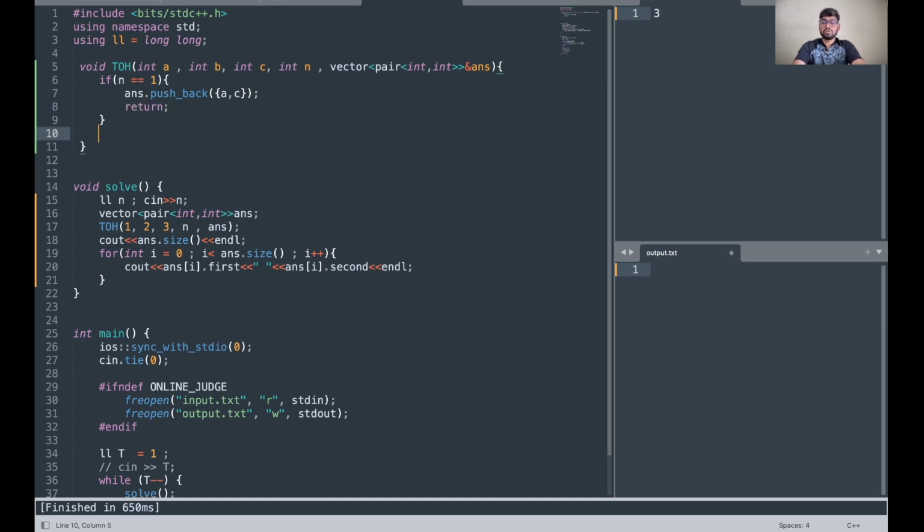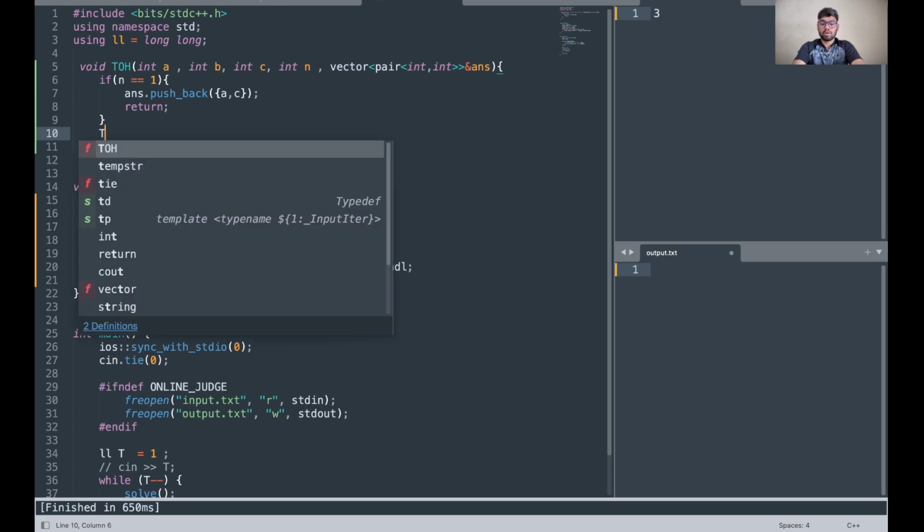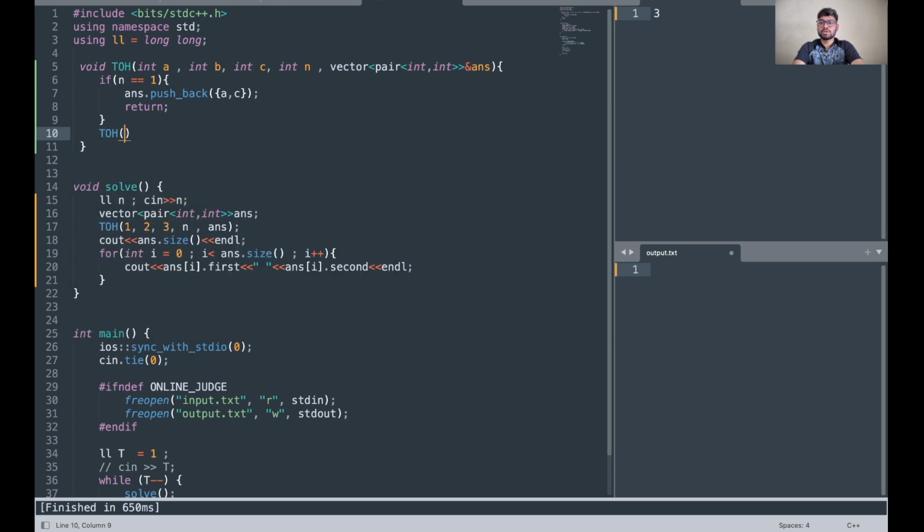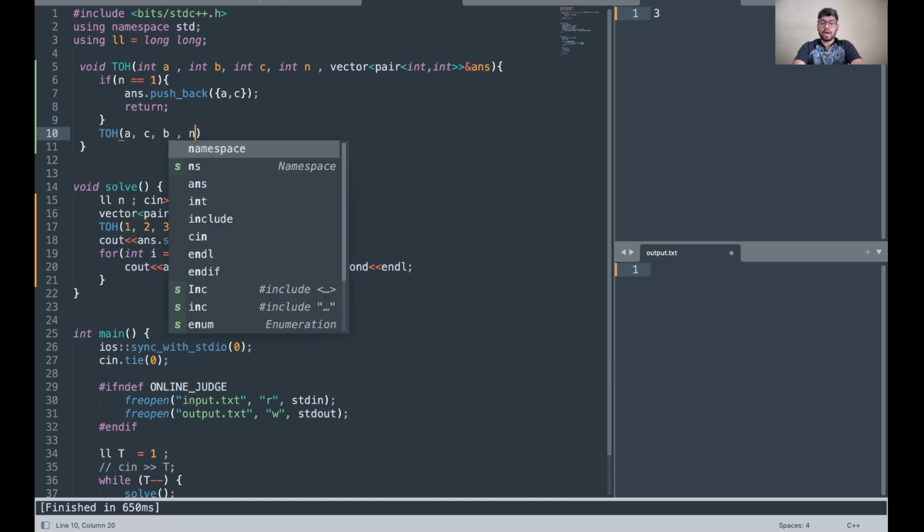And if n is not equal to 1, then I have to call my first step, that is TOH A to B using C as auxiliary for n minus 1.